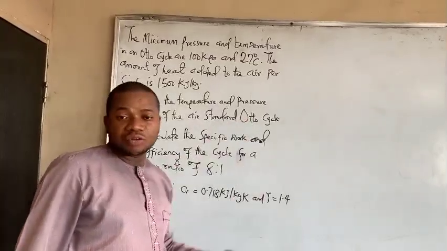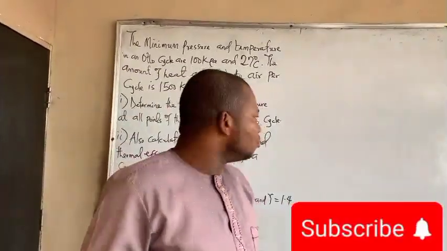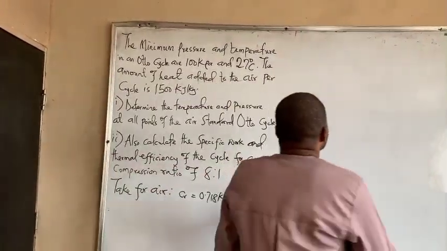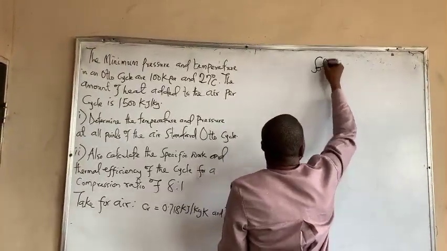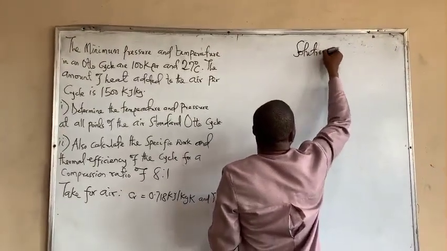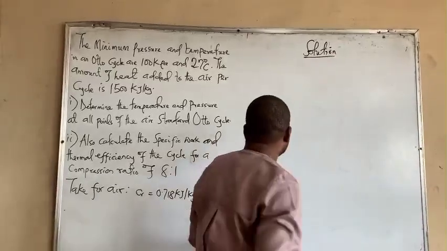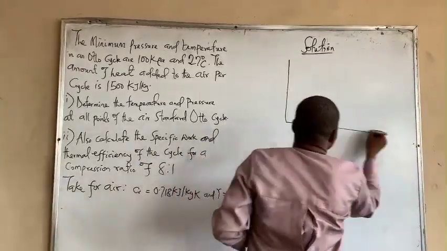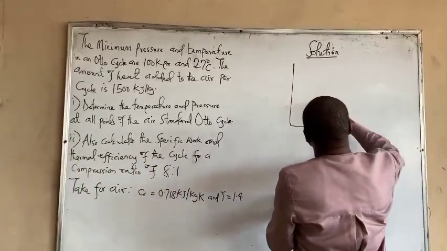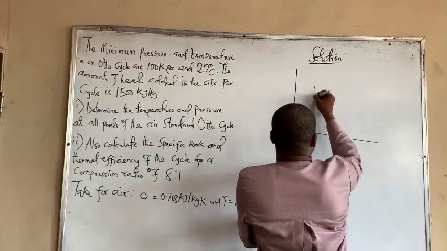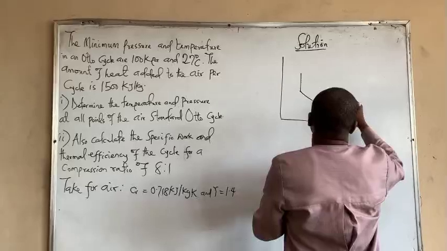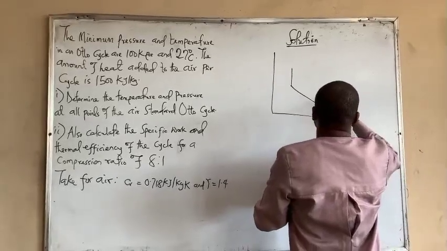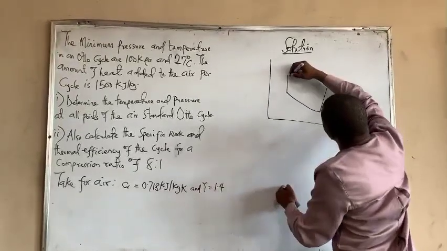Of course, the Otto cycle is known as a constant volume cycle. Now you have something of this nature. I'm going to draw my PV diagram, and you must be able to master this. My PV diagram comes in this format. I have my constant volume lines, and this is a sharp curve.